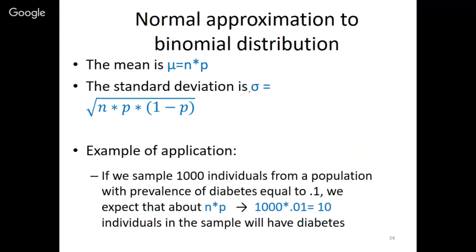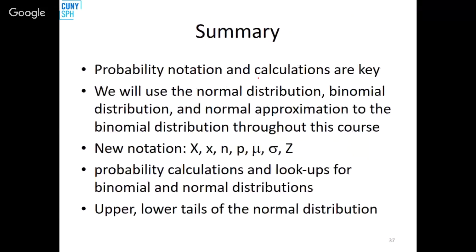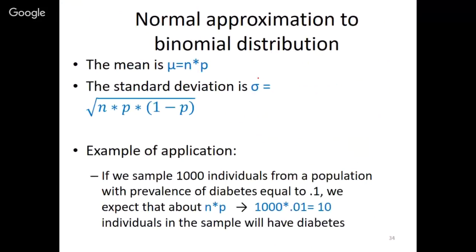With this mean and standard deviation, you can approximate the binomial distribution pretty well, assuming that the left tail is not too close to 0. I give a rule of thumb in a couple of slides about that.